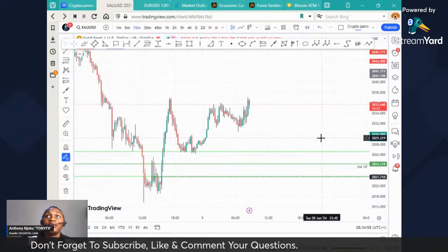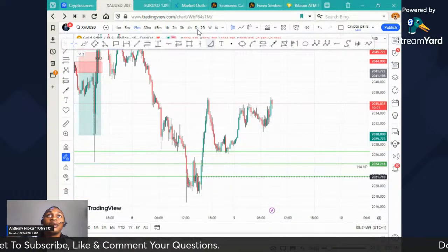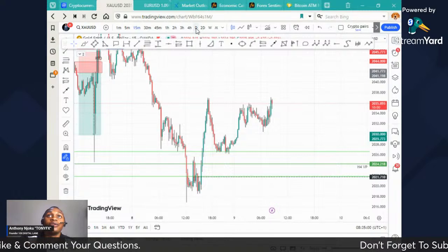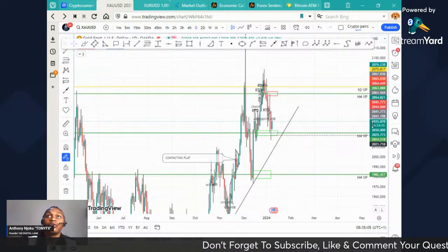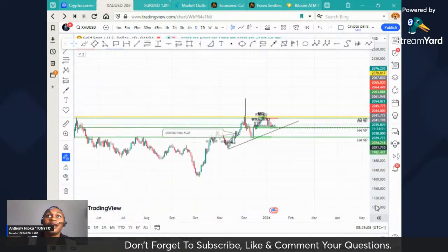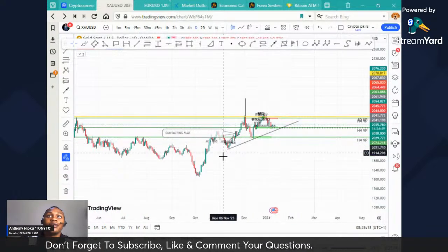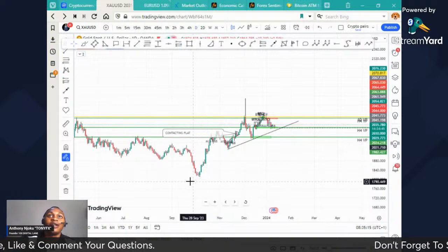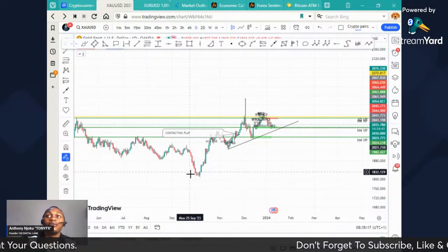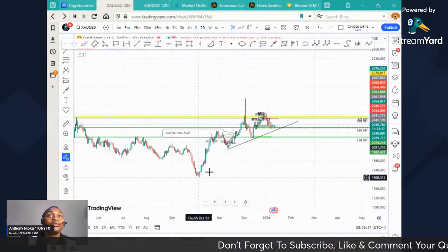Then let's first of all go down to the daily time frame. What do we see on the daily time frame? We see this trend line. The market is respecting this trend line. It created a higher low.